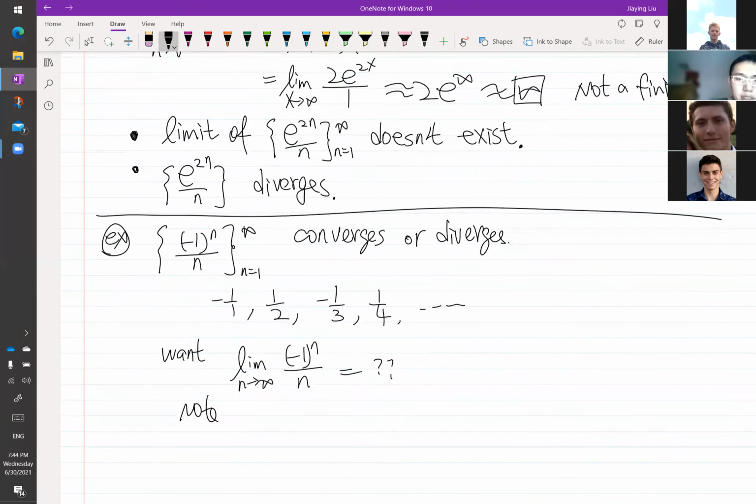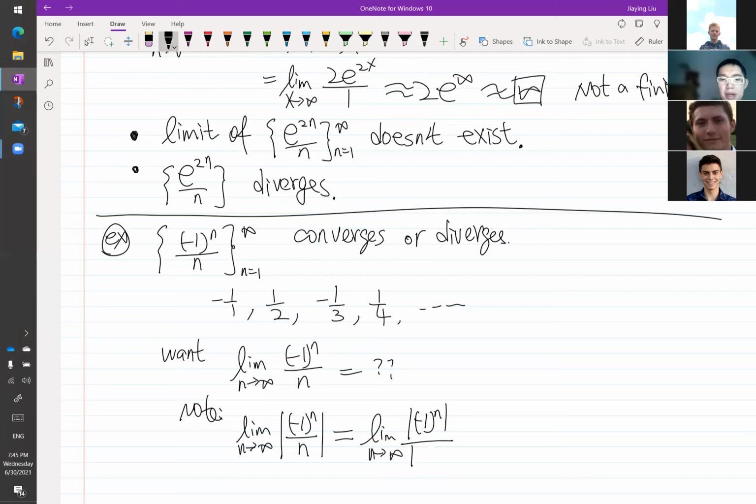But note, the limit as n goes to infinity of the absolute value of -1 to the n over n is equal to the limit as n goes to infinity of the absolute value of -1 to the n, divided by the absolute value of n, and n is going from 1 to infinity, so n is positive anyway.